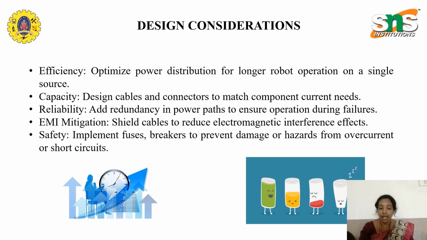Reliability means adding redundancy in the power paths to ensure operation even during a failure. EMI mitigation means shielding the robot to reduce electromagnetic interference effects. Safety is also an important consideration while designing the robot.